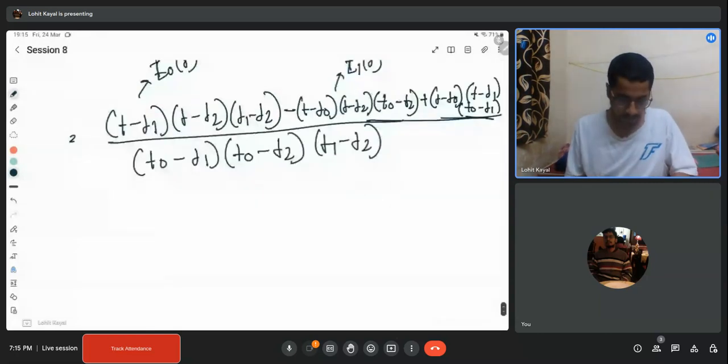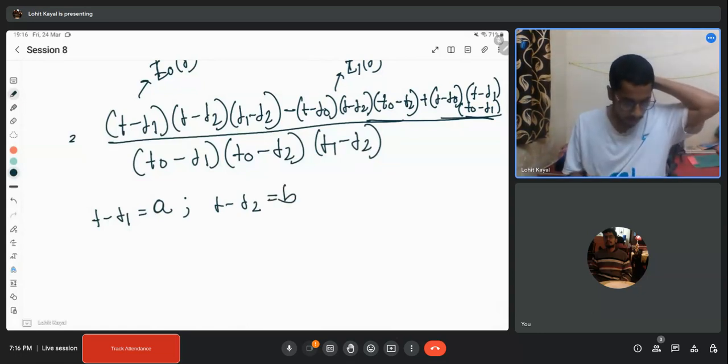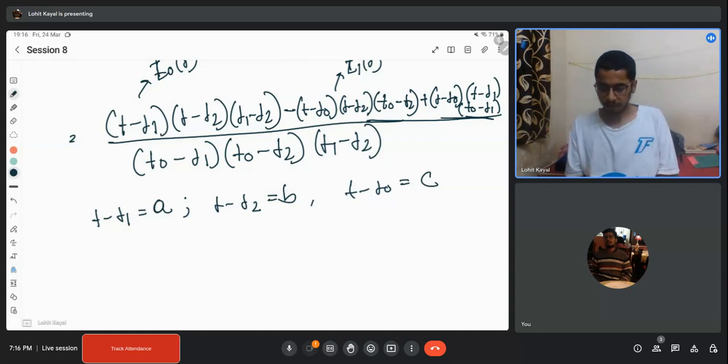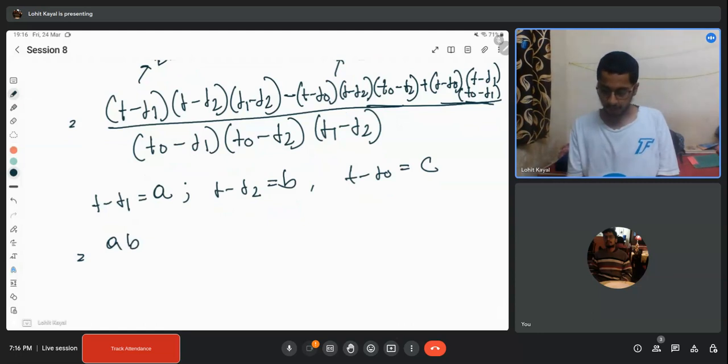Now suppose let us take T minus T1 equal to A, T minus T2 equal to B, and T minus T0 equal to C. So this first term will be A into B and T1 minus T2. How can we write it?